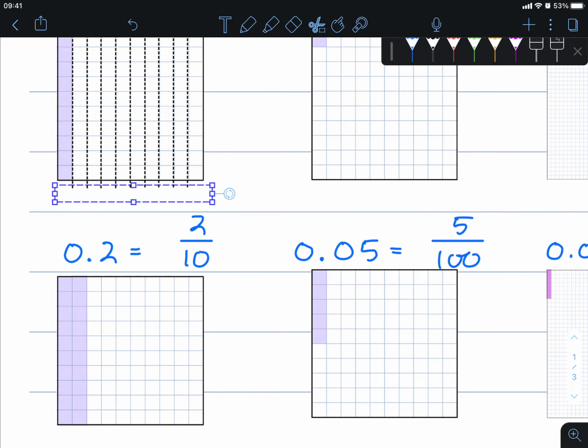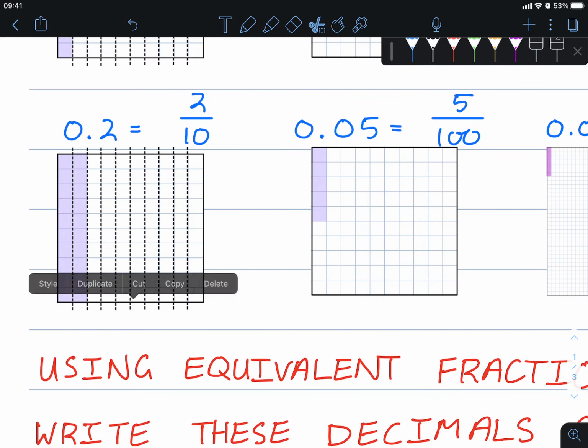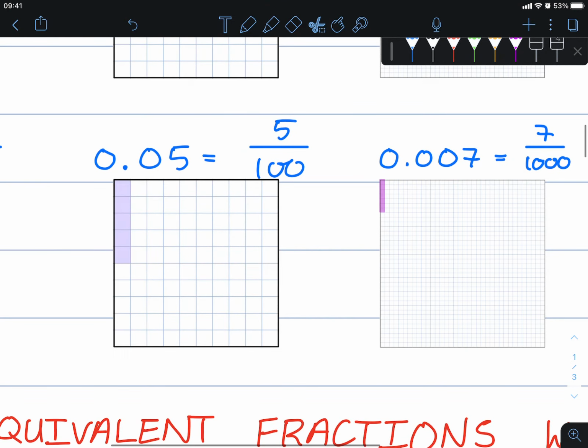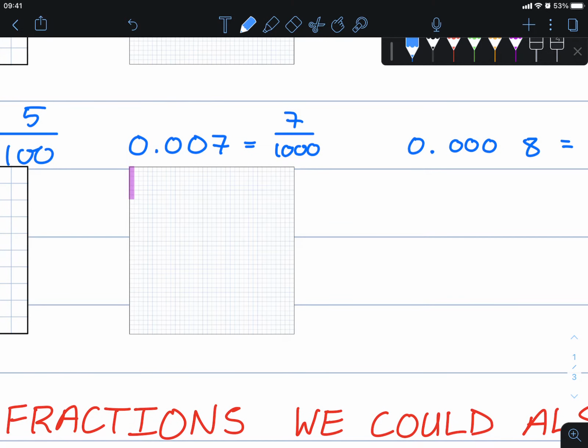So if we had 0.2, that's actually 2/10. So there are 10 blocks like so, and we take 2 of them here. 0.05 is 5/100. So here we have 100 squares, and we take 5 of them. 1, 2, 3, 4, and 5. 0.007.